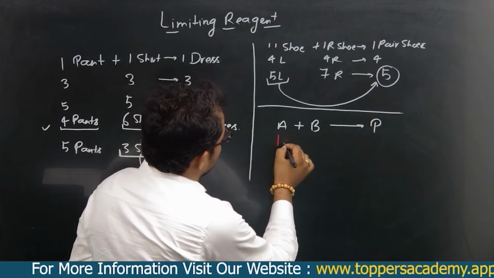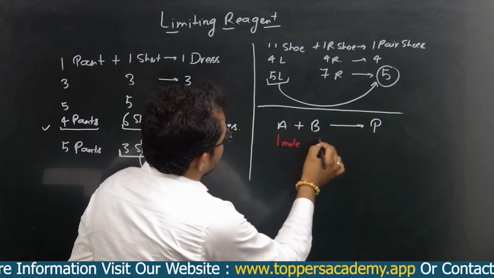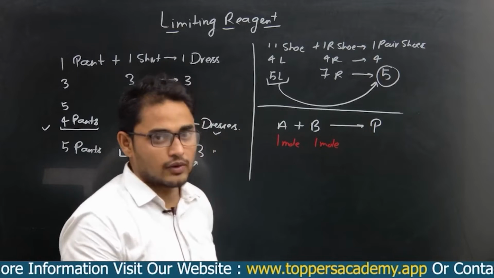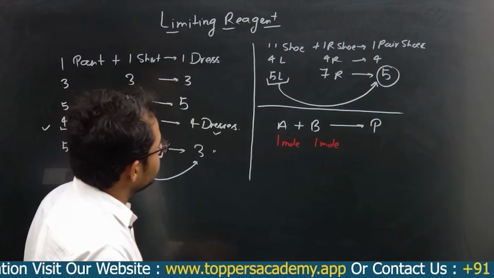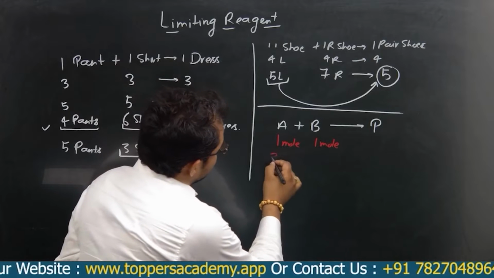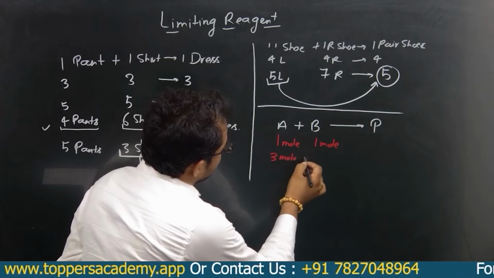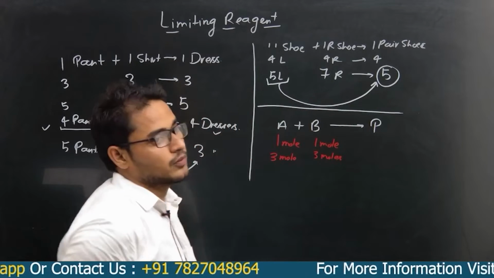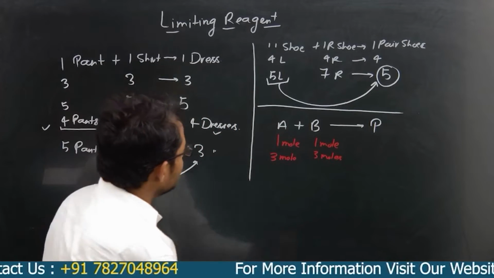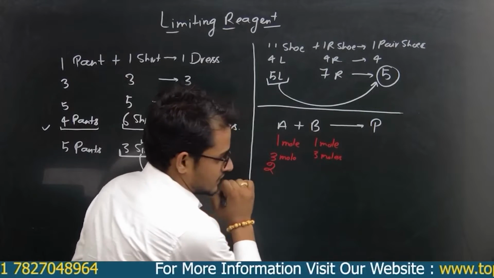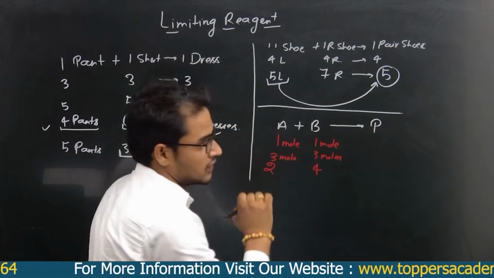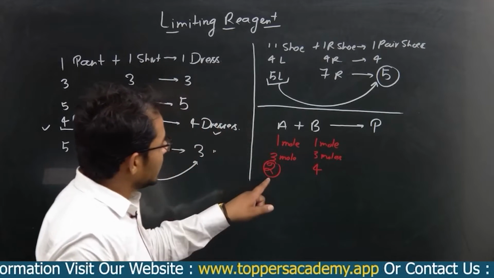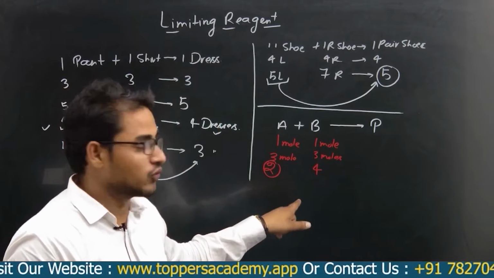Suppose 1 mole is reacting with 1 mole, and 1 mole of product is going to form here, right? Suppose I take 3 moles of this and 3 moles of this, obviously 3 moles of the product will be formed. Suppose I take 2 moles and 4 moles, now 2 moles of the product will be formed, or I can say that here the limiting reagent is the one with 2 moles, which is less in number.